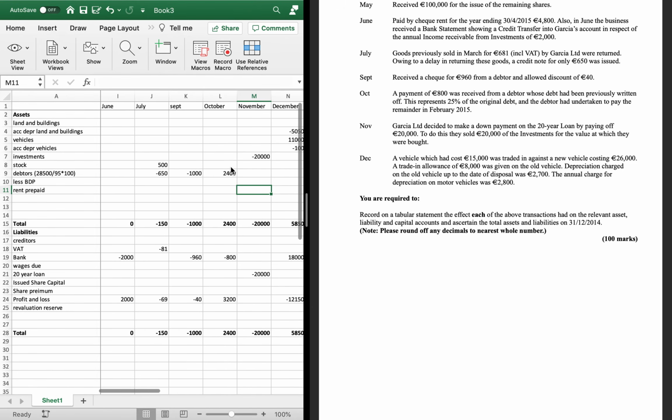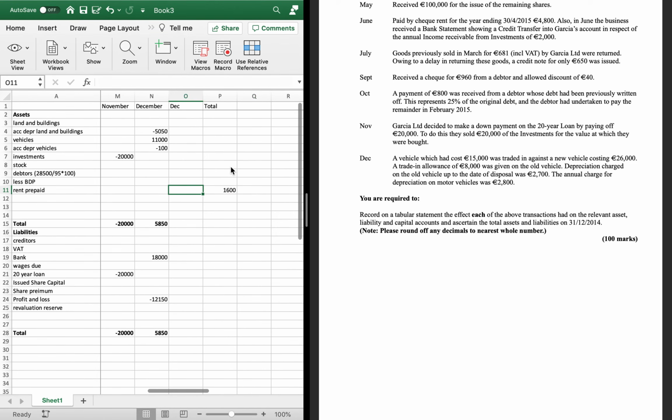So to get from 6,300 to 1,600, I have to take away 4,700. Okay, so that's in effect my rent for my profit and loss. So it's no longer prepaid, it gets moved over to profit and loss, and we get 4,700 in both months.